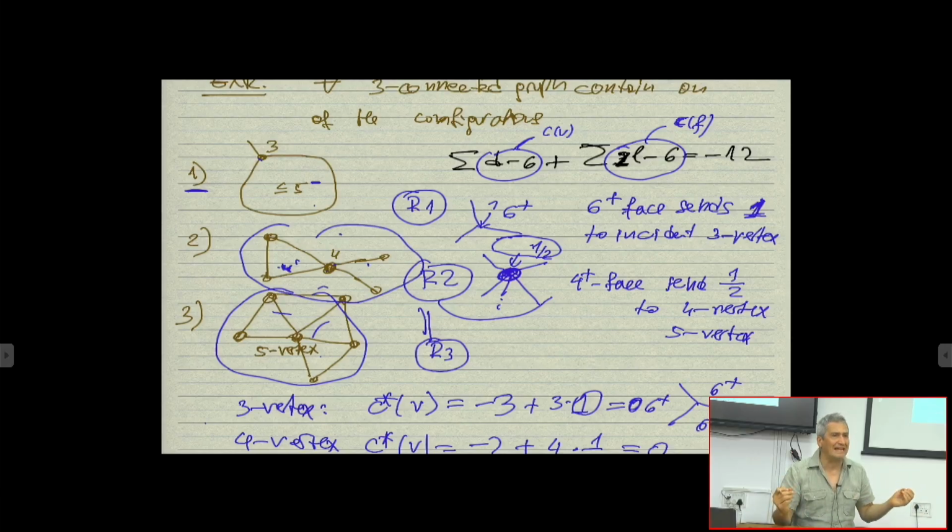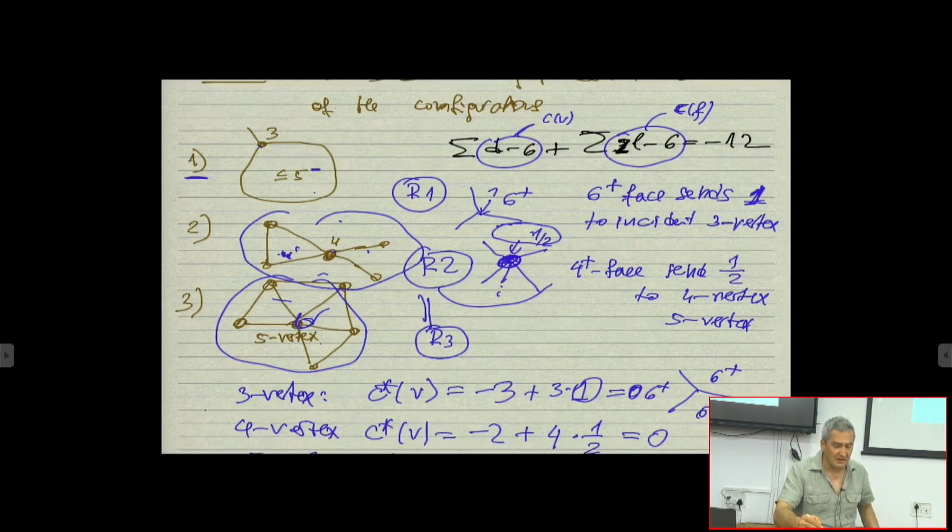Then I say, okay, I need 2. There are 4 faces, and I need total charge 2. So let each of them send 1/2, and then I make the 4 vertex non-negative. The same here: this configuration tells that around a 5 vertex I will have 2 faces of size at least 4.